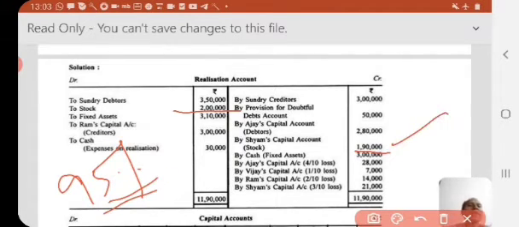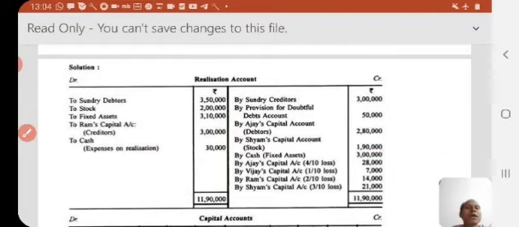So 1,90,000 is the amount arrived on it. So 1,90,000 is the stock which is taken by Sham. So it is recorded in the Sham capital account. Okay.